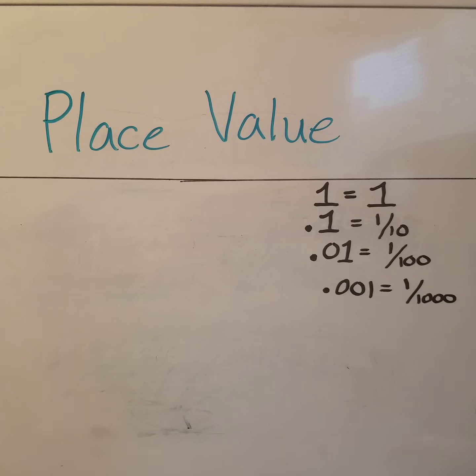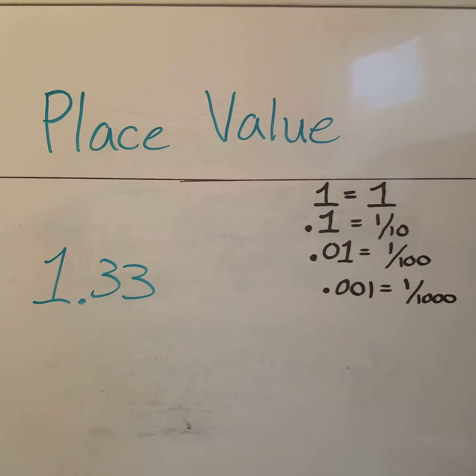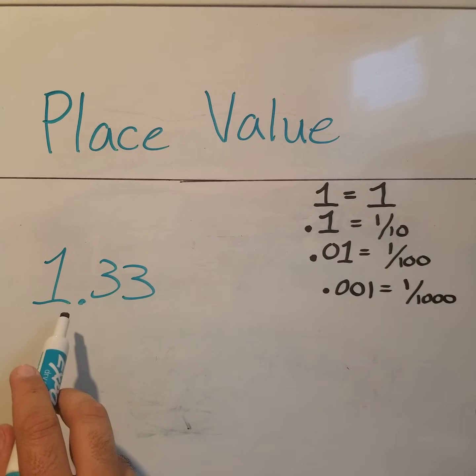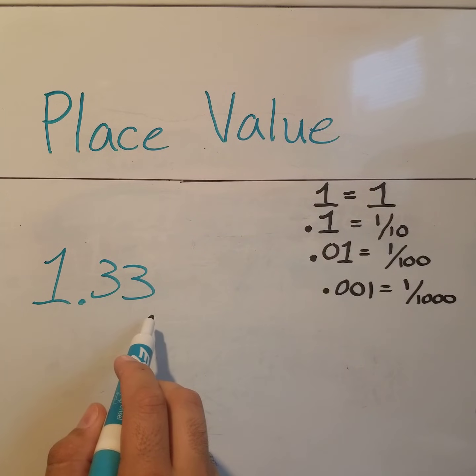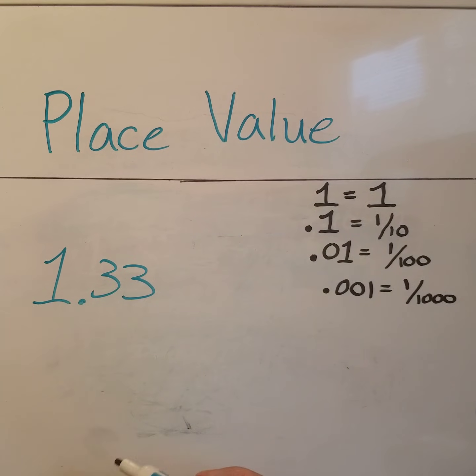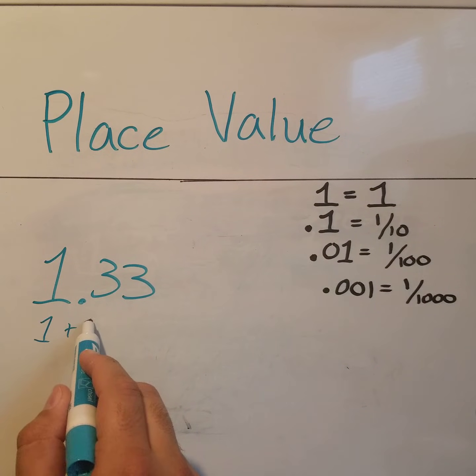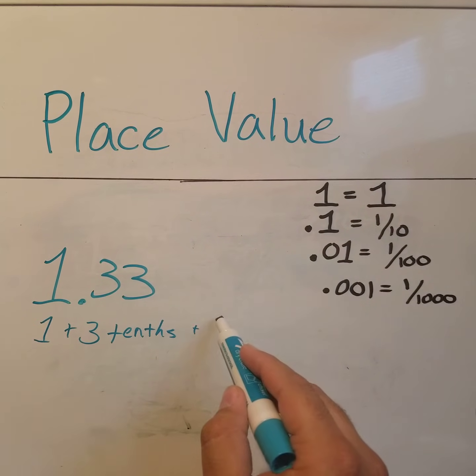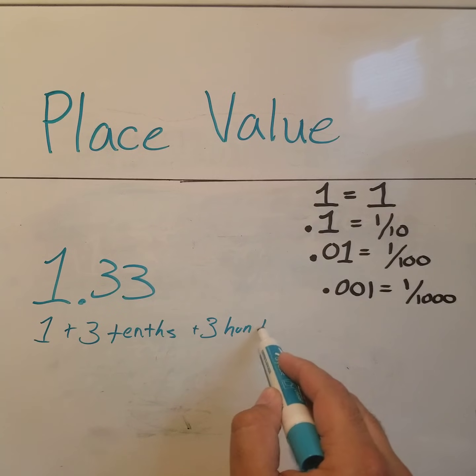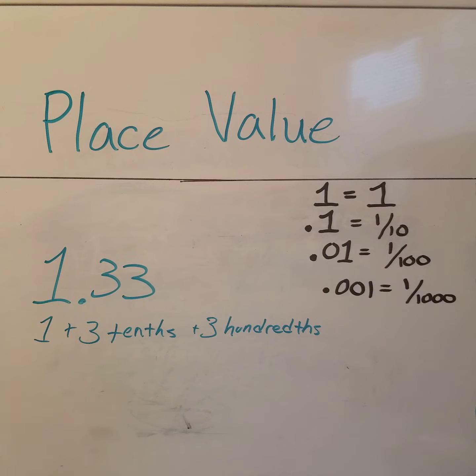Now let's say I gave you 1.33. So we've got 1 whole, we've got 3/10, now we've got 3/100. So a long way of saying this would be I have 1 whole plus 3/10 plus 3/100. But we don't really want to lengthen it to this point.